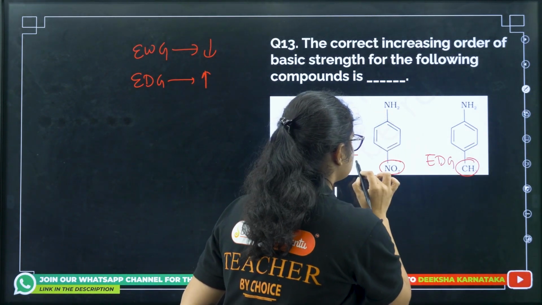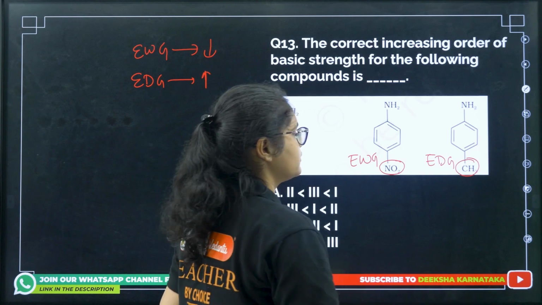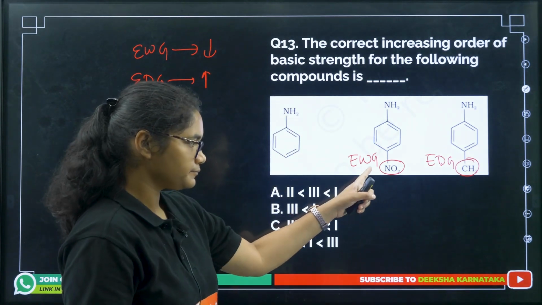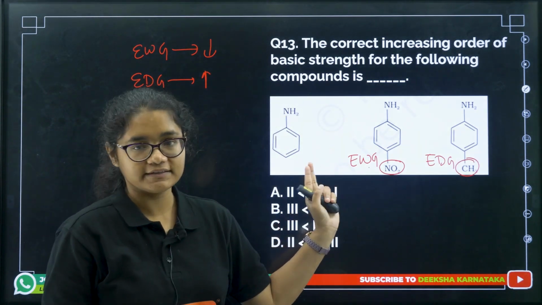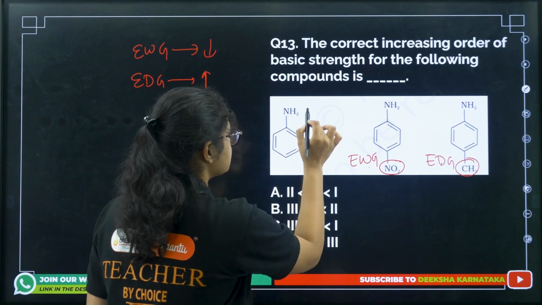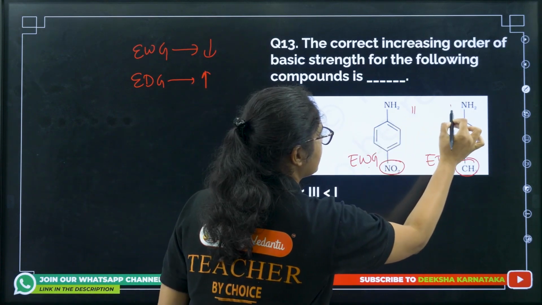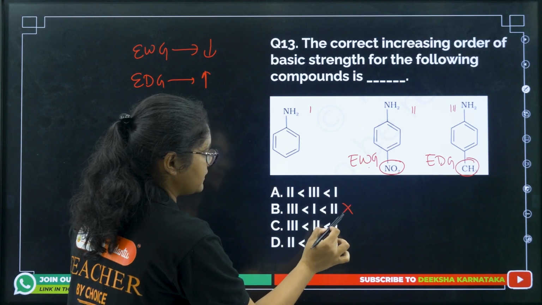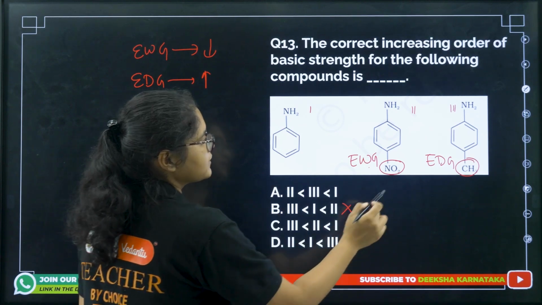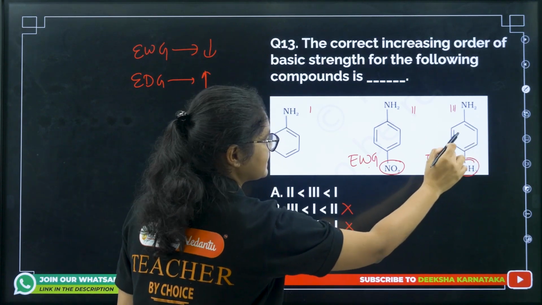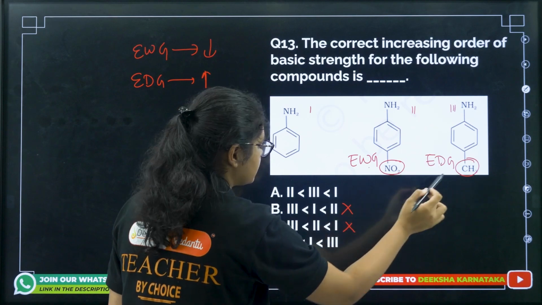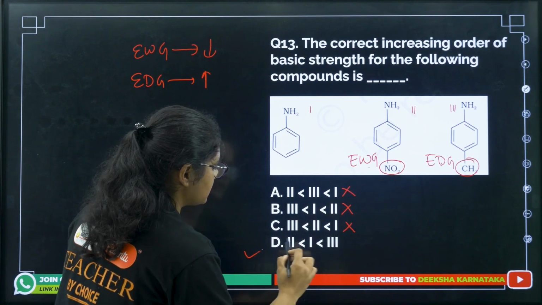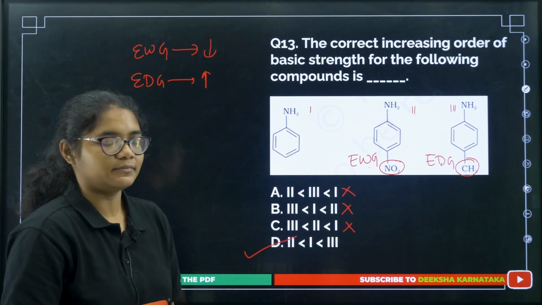NO2 group is there, which is an electron withdrawing group. So what will happen? The basicity will be least for one, right? Suppose this is compound 1, this is compound 2, this is compound 3. So the second one will be least, so you can eliminate these two options. Next, this one will be highest because it has an electron donating group. So 3 will be highest, so we will eliminate this one. Correct answer will be option number D here.